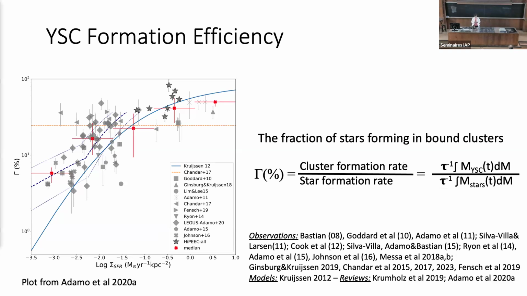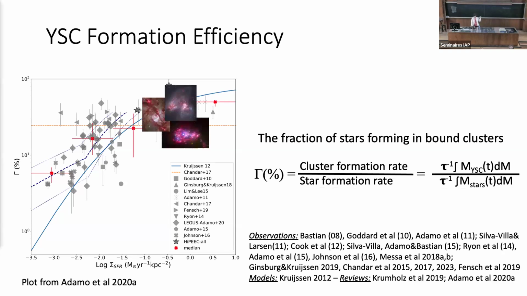In general, what we see, and we call this gamma, the cluster formation efficiency, is that this fraction changes as a function of star formation rate density in the galaxy. So the more densely piled up the gas, the more star formation takes place in star clusters, which then connects again to the ability of launching outflows in galaxies, or why we see outflows in starburst galaxies.